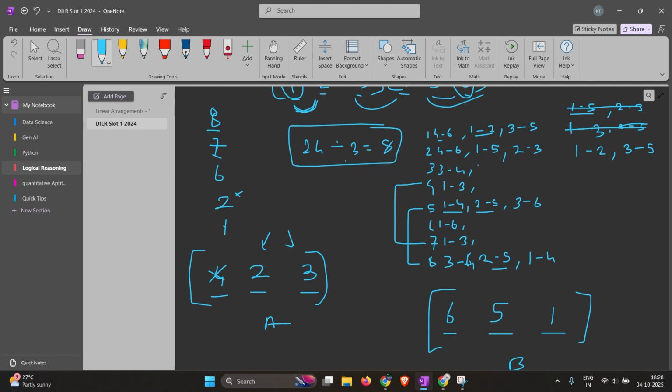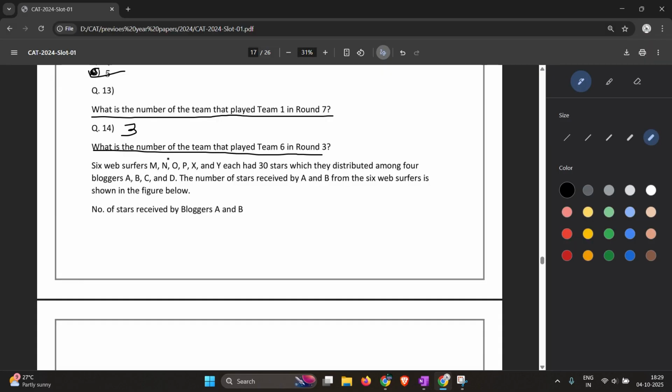The only place we can fit this is over here. 1 has to play with 2 in 3 as well to satisfy the condition. So that means that 5 and 6 will play over here. So therefore, team 6 plays team 5 in round 3. Now let's move on to the next question.